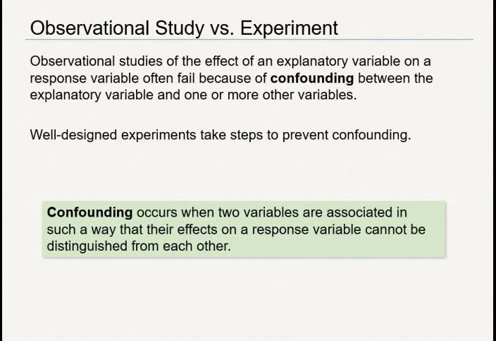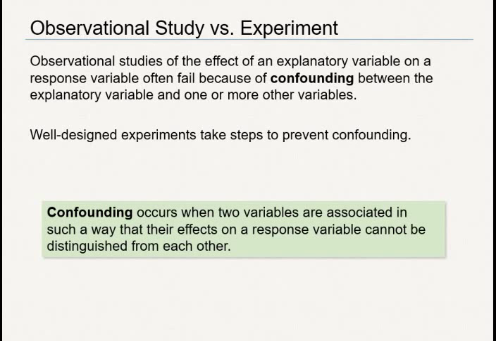So, in experiments, you want to be able to tell if what you did is what had that effect. Sometimes there's something else going on that may have caused that effect, and that's called confounding.